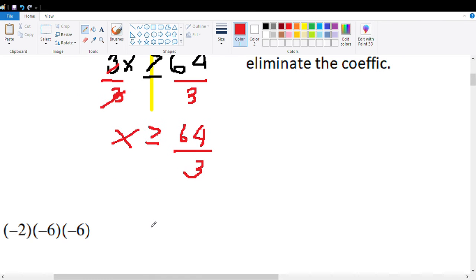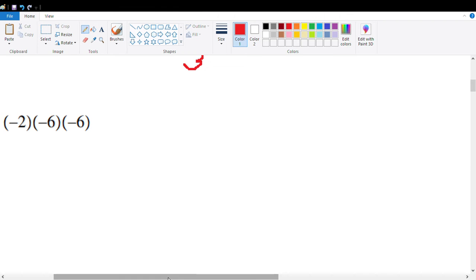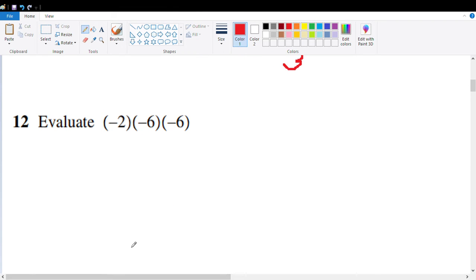So pretty cool, right? Now let's move on. We have number 12: evaluate negative 2 times negative 6 times negative 6. Before we multiply or anything, is our answer going to be positive or negative?